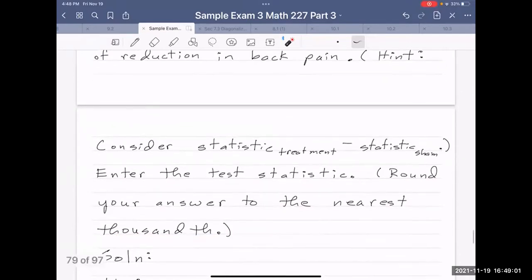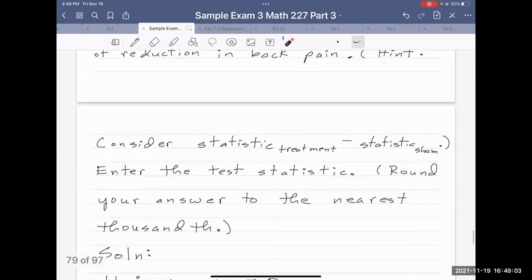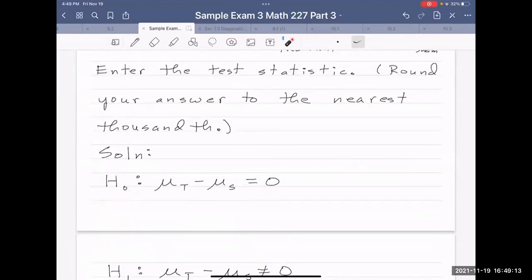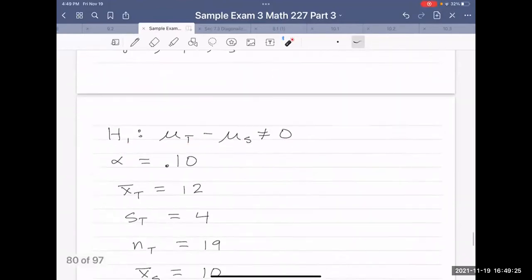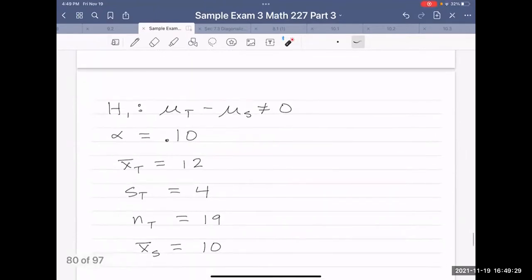This was just telling you which one to do, so we have the correct sign. So the null hypothesis: the population mean for treatment minus the population mean for sham is 0. Alternative hypothesis: mu sub t minus mu sub s is not equal to 0. Alpha is equal to 0.10.